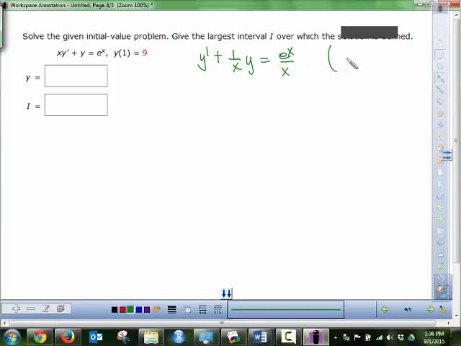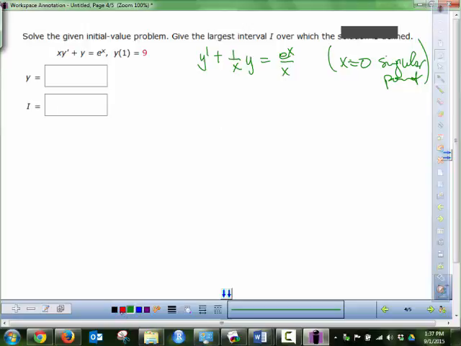Well, let's identify the singular point already, just in case it pops up. Because I divided by x, I have a 0 singular point. So whatever my largest interval is going to be, it's not going to include 0. So it's either just going to be positive real numbers or negative real numbers.